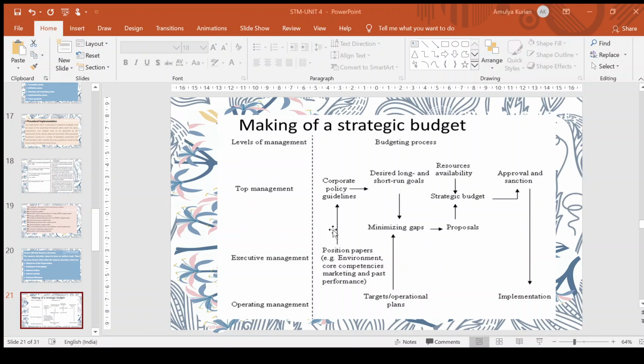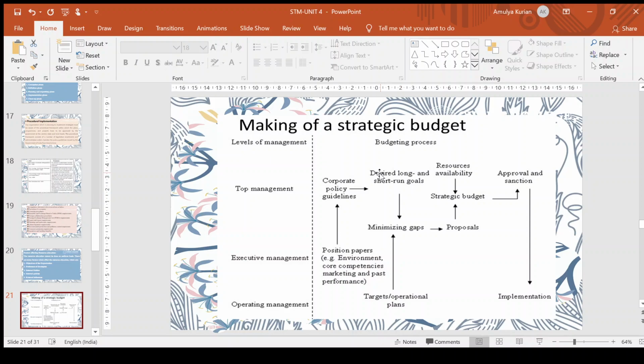So how is this strategic budget made? Basically, first the objective of the company will be set, and the policies, and based on these policies, the top management, based on the recommendation of the executive management, will be allocating the budget.